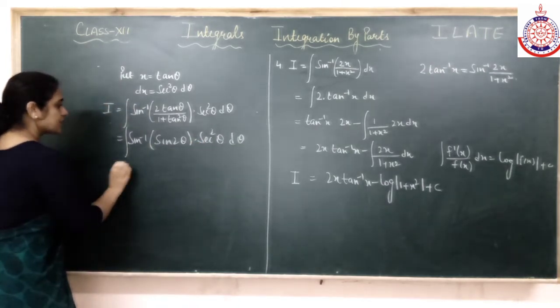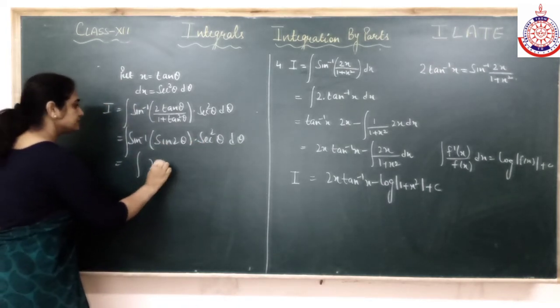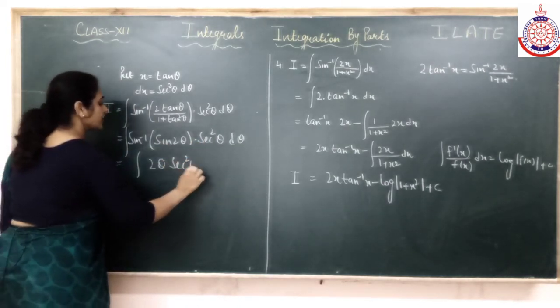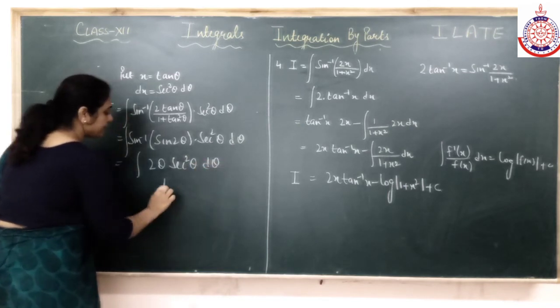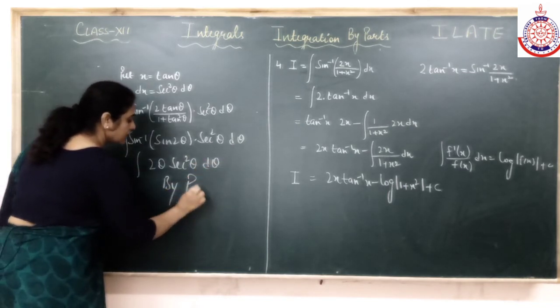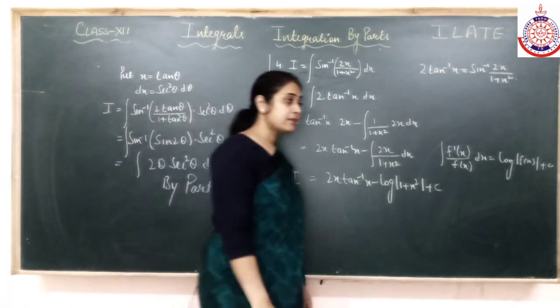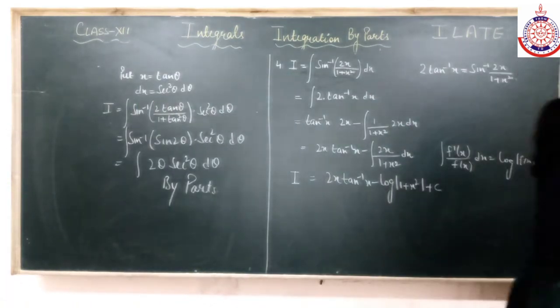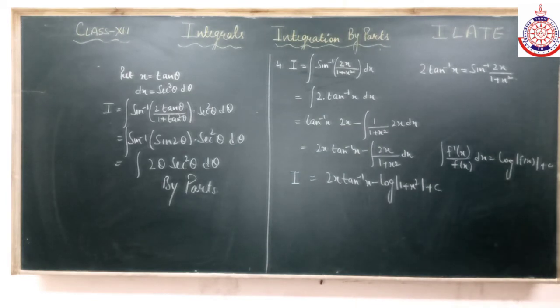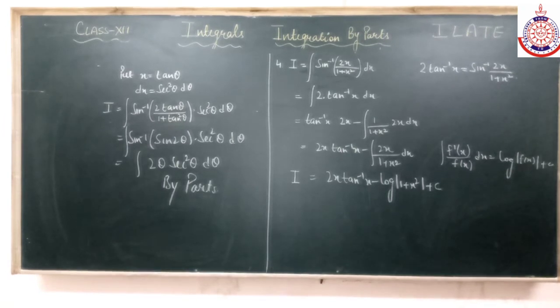Alright, sin inverse and sin gone. Now you can apply by parts and then solve it. Is it clear? If you remember the inverse trigonometric formula, well and good, directly you can do this. Otherwise you can do this question by the substitution method also.